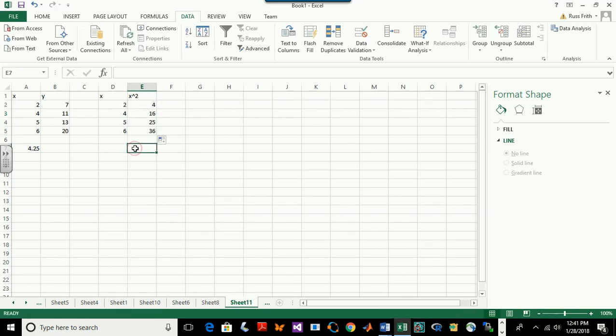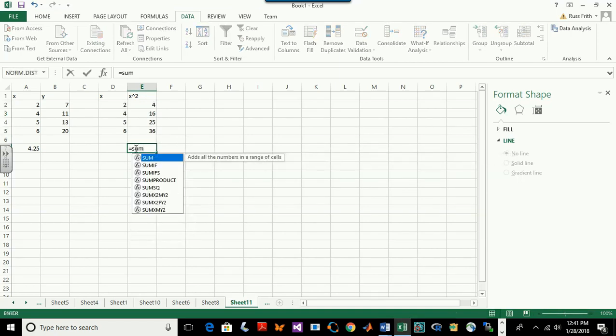So the sum of the x squared values is the sum of these numbers.